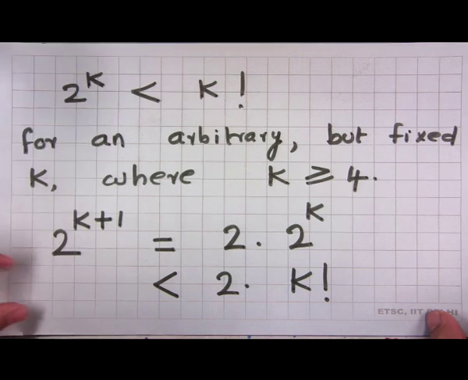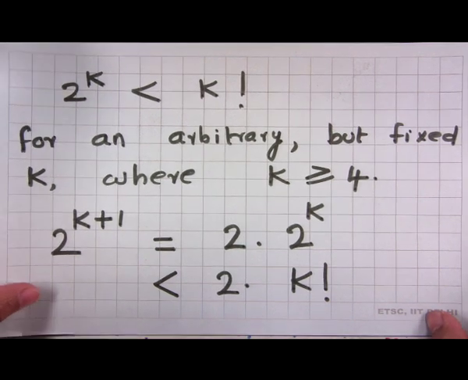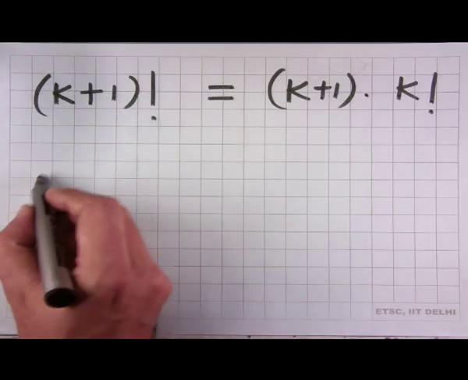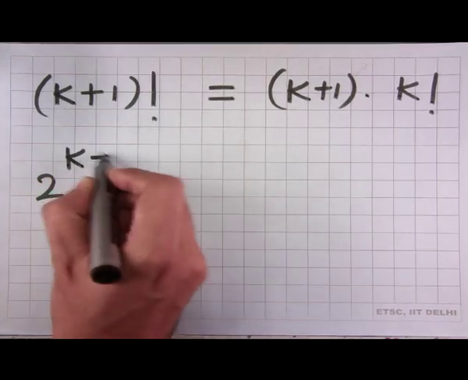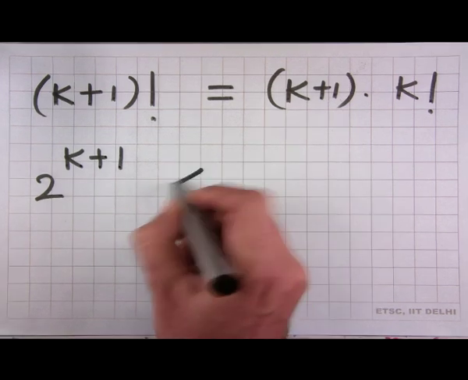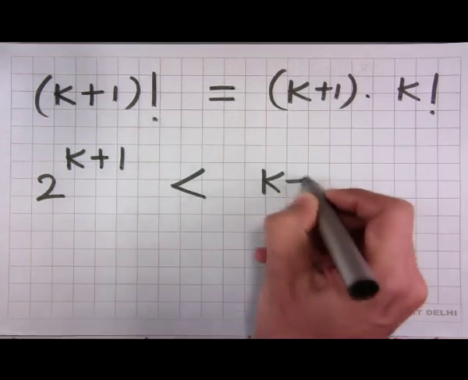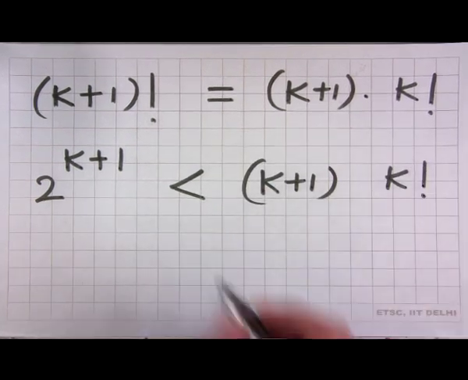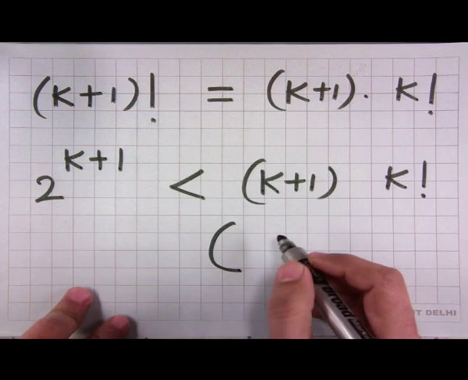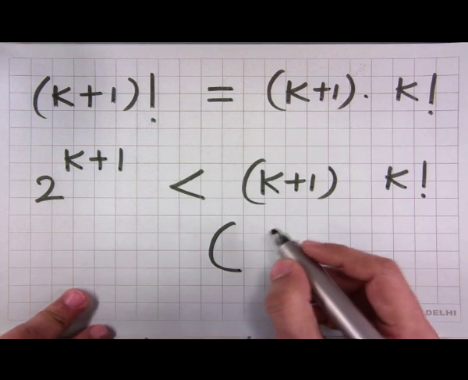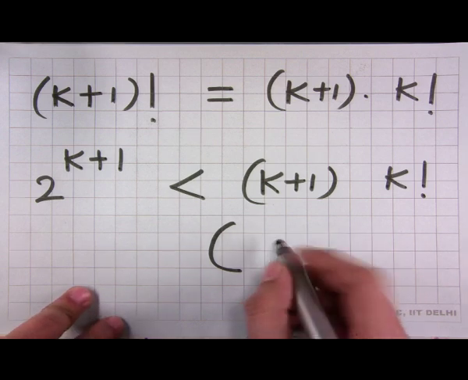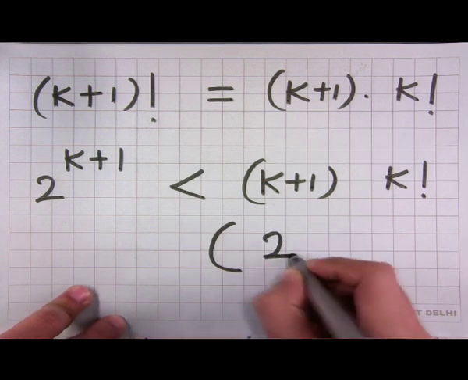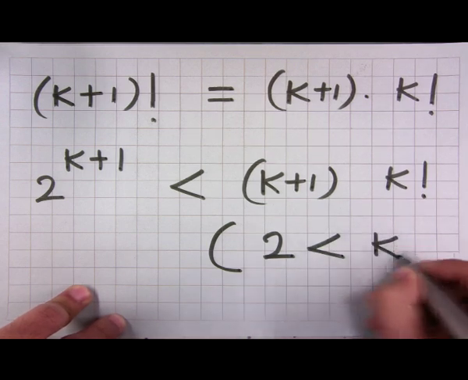we can proceed with manipulation of the previous step to write 2 power k plus 1 less than k plus 1 into k factorial, because k is a fixed number greater than or equal to 4, which gives 2 less than k plus 1.